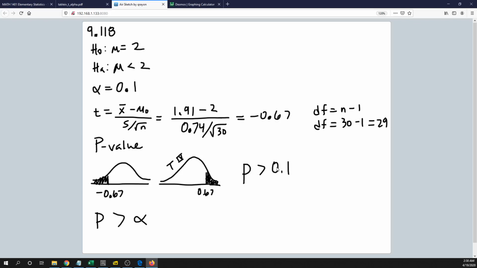So the p-value is greater than alpha. If the p-value is greater than alpha, then we do not reject the null hypothesis.